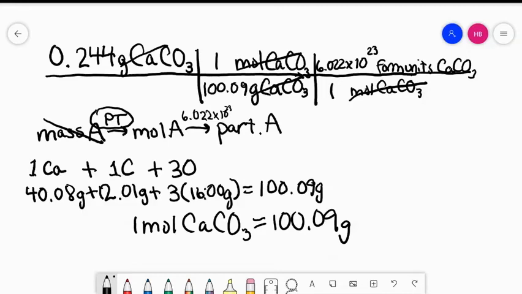So now, in order to solve this problem, you have to multiply across the top. So in your calculator, you're going to put 0.244 times 6.02. I'm not going to use the multiplication key. I'm not going to use the number 10. I'm going to use my exponent function. So I'll look on my calculator for the exponent or EE button. And after I type that, I simply tell it what the power is, which is 23.